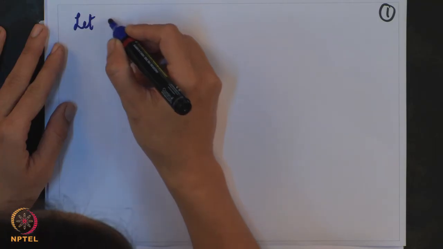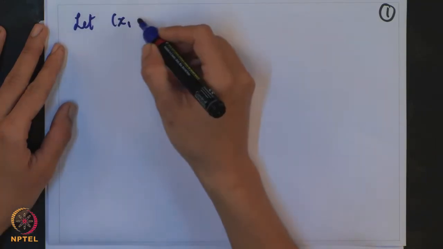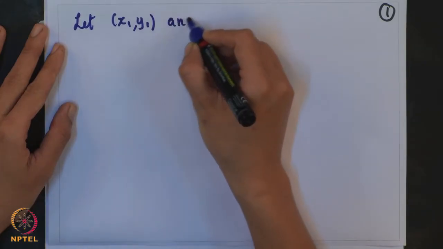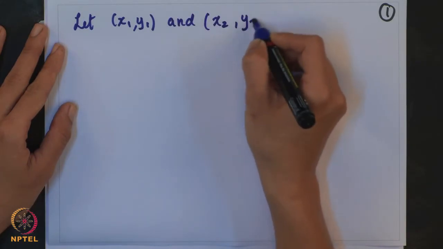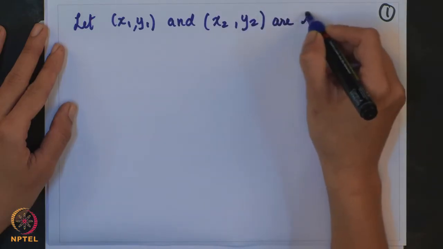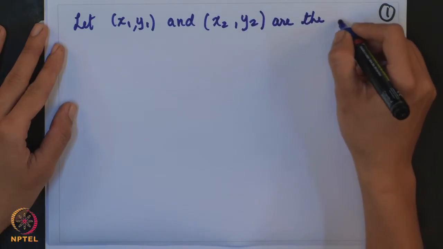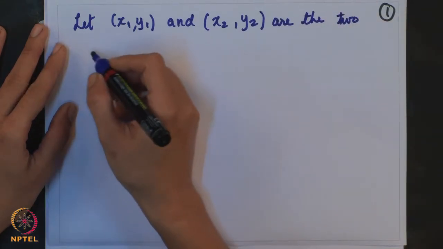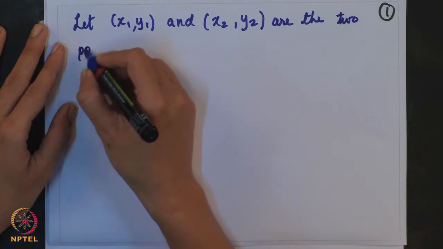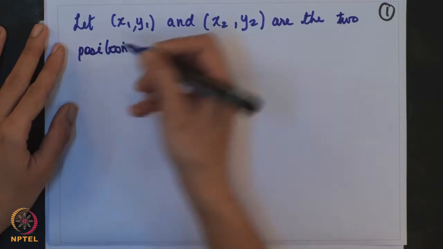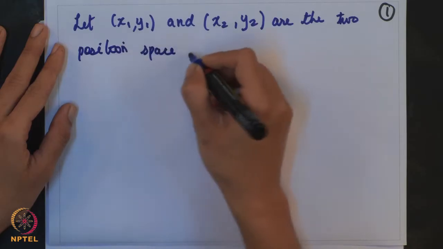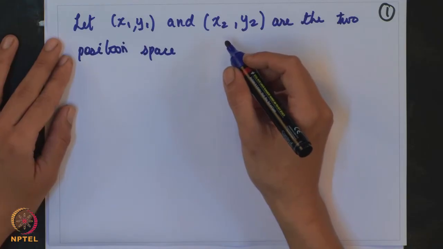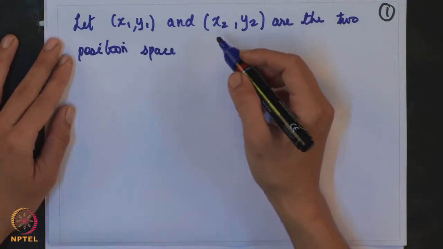Let us assume that x1, y1 and x2, y2 are the two position space coordinates of this interacting particle system.